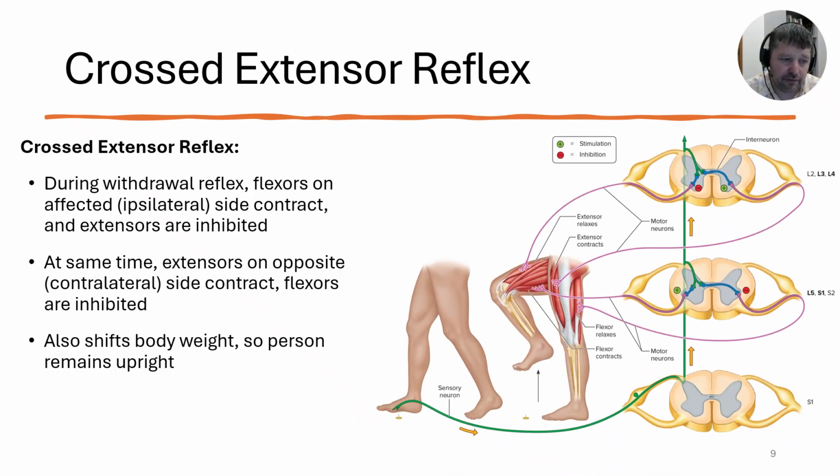Same thing, you step on a tack, it sends a signal, moves up, and sends it to the L5 region. Okay, that sends the signal to contract these muscles here.